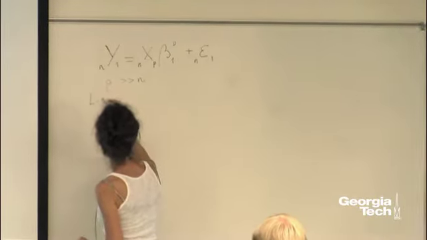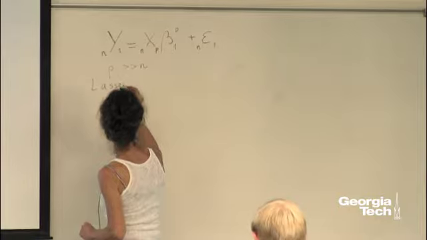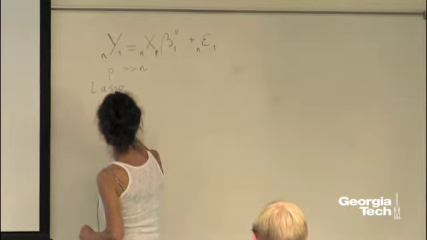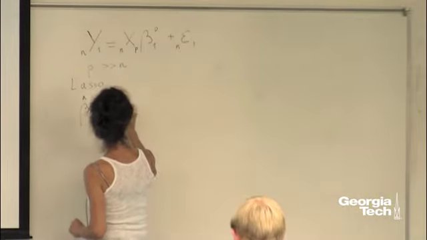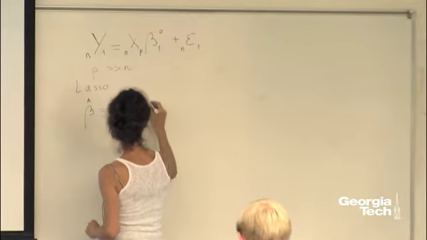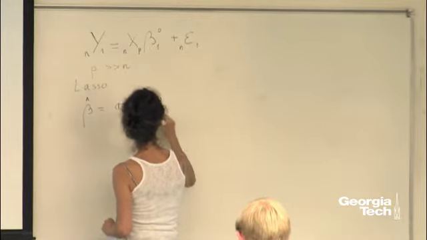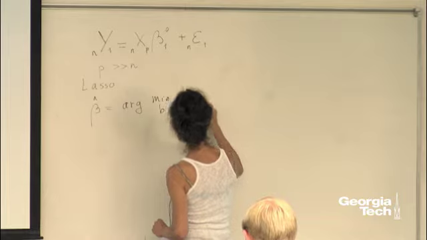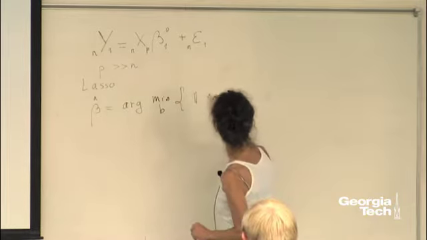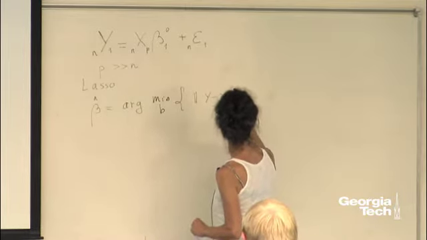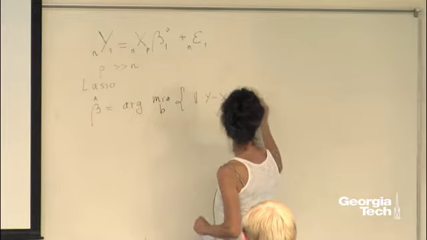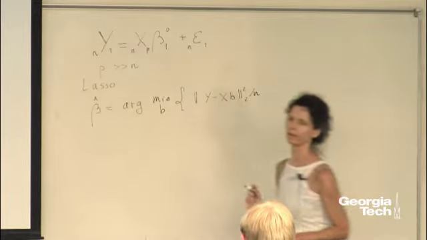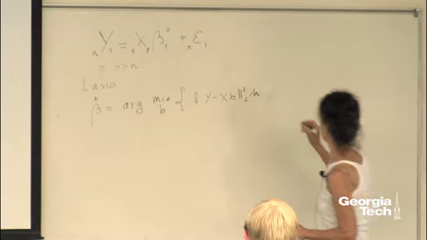Then the lasso is like this. You take the minimizer of the following. You take the sum of squares. I normalized by n, that's my habit. You don't have to.